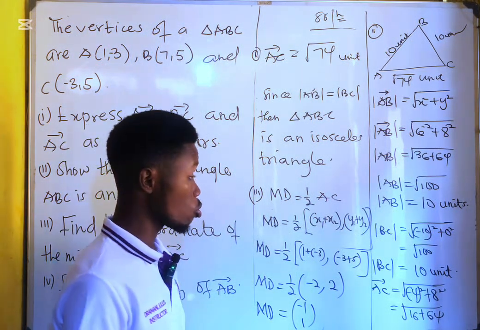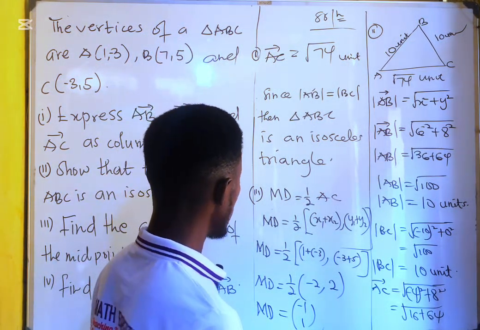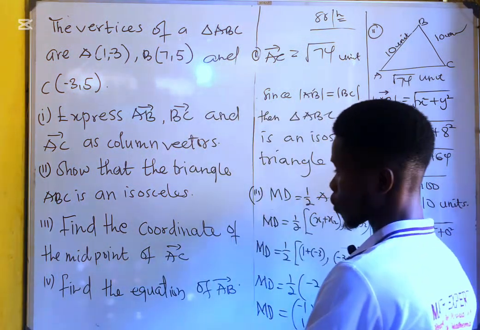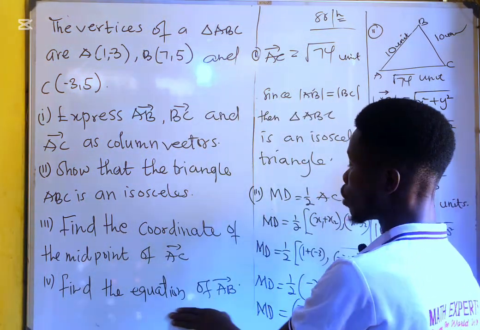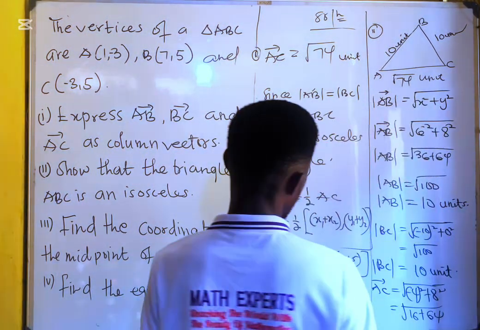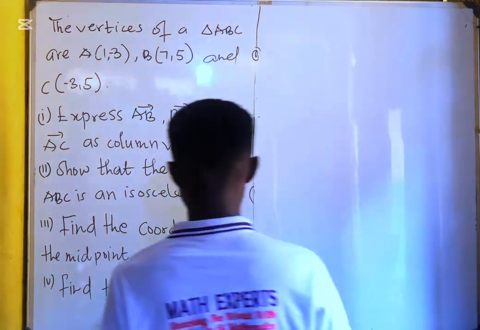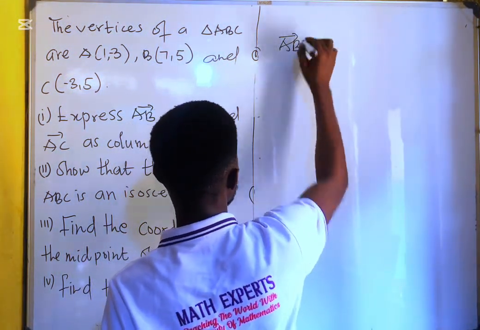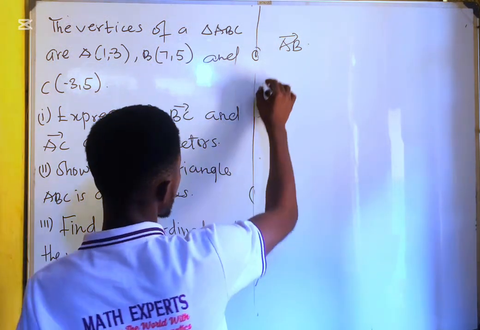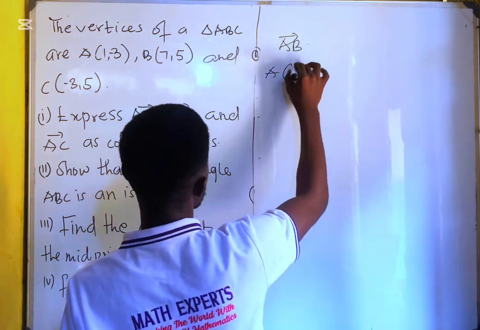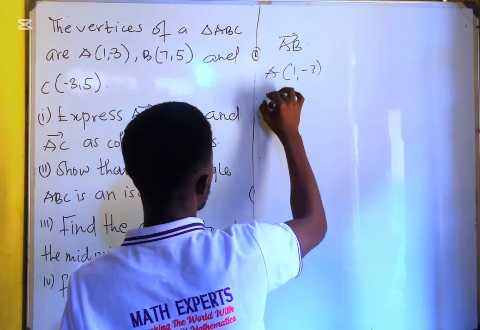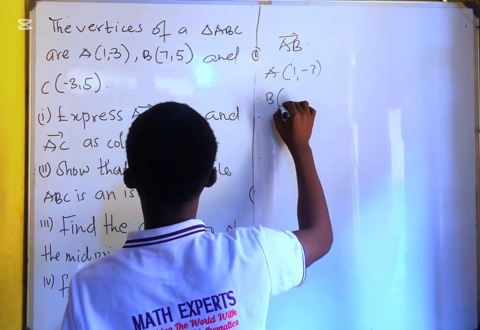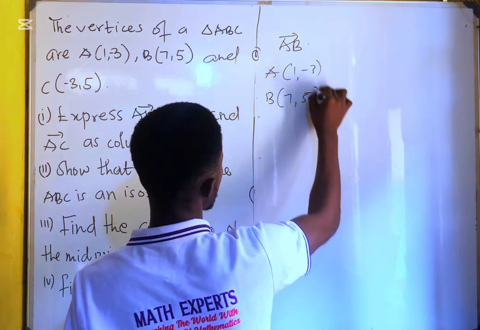Now let's move on to the next one. You should find the equation of AB. So you have to find the equation of line AB. A was given in the question as 1, negative 3. B was given as 7, 5.